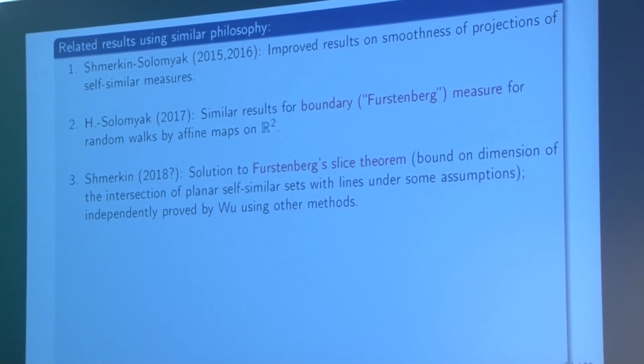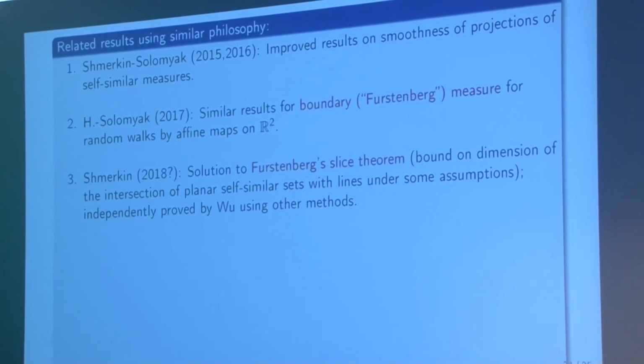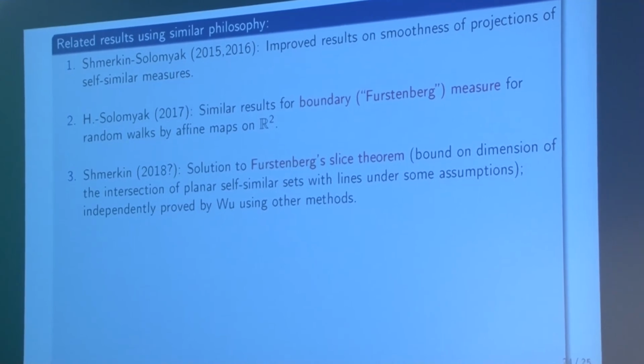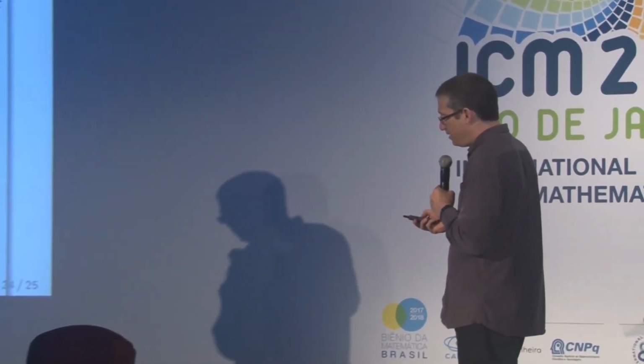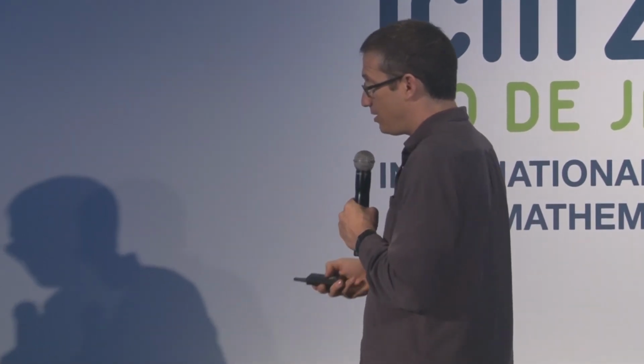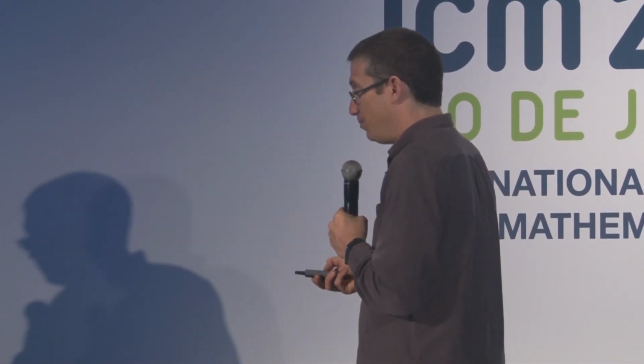The conjecture said that if you take a self-similar set in the plane, let's say with strong separation, and let's say that all the rotations and contractions are the same, and you intersect it with a line, then there is similarly an upper bound on what you expect the dimension of the intersection with the line to be. And the conjecture was that this upper bound is always true. That is, there's an upper bound for typical lines, and what Pablo showed is that the lines always are as small as you expect them, or possibly smaller.